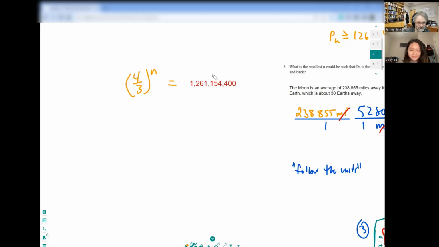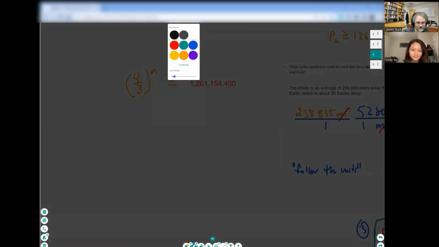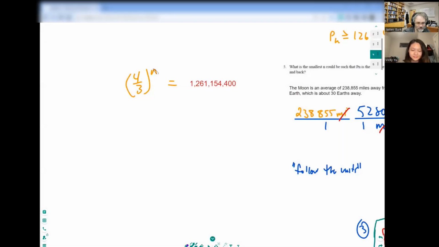How do you solve this? Use logarithms. What property of logarithms can help me out here?